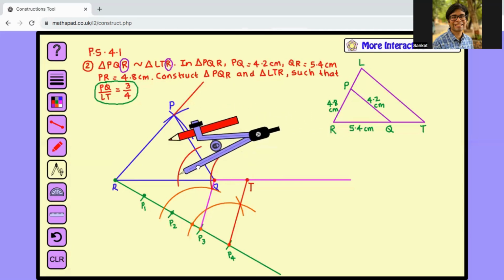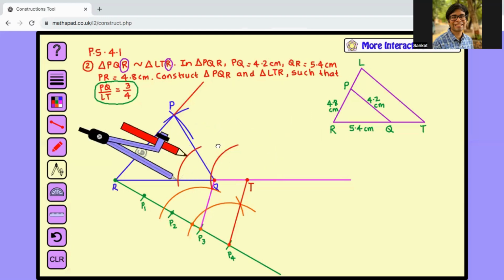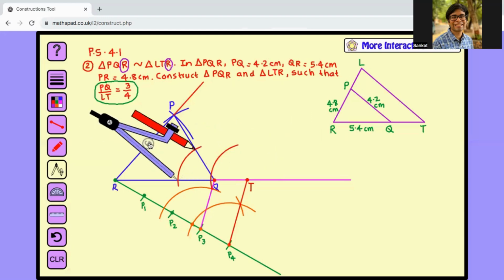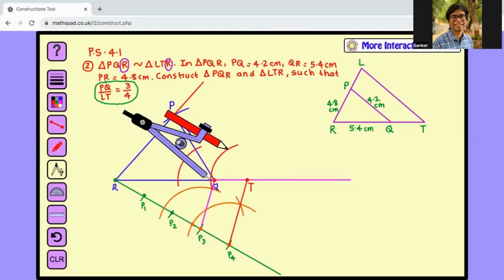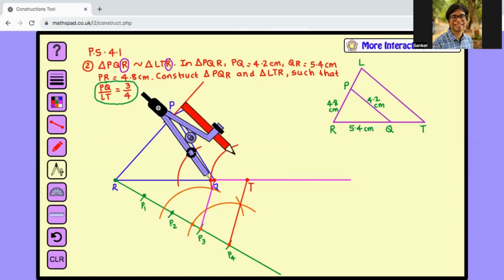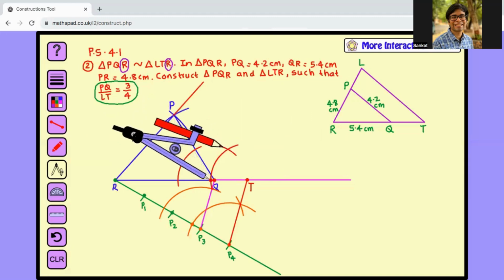Now I'm going to put my compass at this point and measure distance from here until here. Put it at this point and make an arc. I'll keep my compass away.